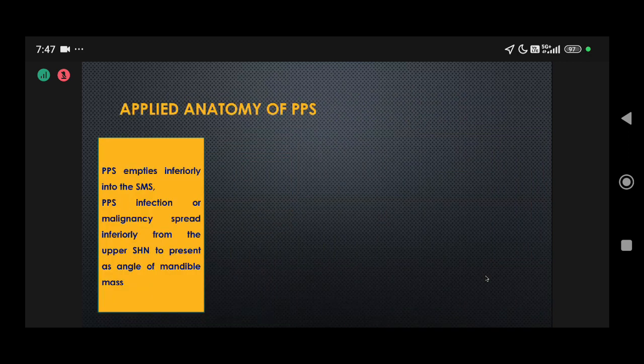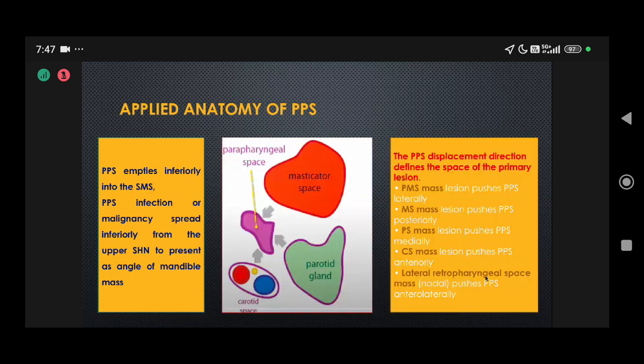Now an important thing here: as the PPS empties inferiorly into the submandibular space, with any infection or malignancy spread you will see the spread inferiorly from the suprahyoid neck spaces up to the angle of the mandible. So please try to look at both spaces continuously whenever you are seeing any lesion in the pre-styloid parapharyngeal space.